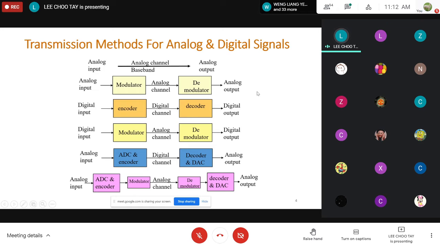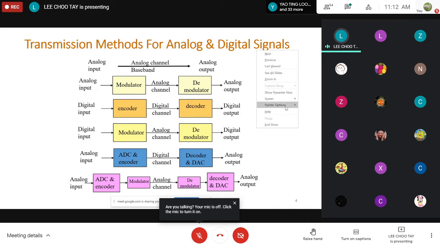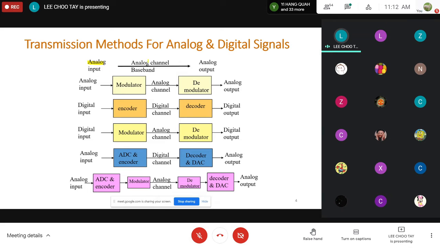This slide shows you some transmission methods for analog as well as digital signal. As far as this course is concerned, we started with analog signal transmission. We have an analog signal, normally baseband. If we transmit the baseband signal using an analog channel, no problem, that gives you analog output at the other end.